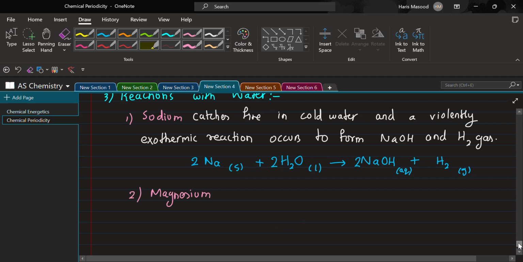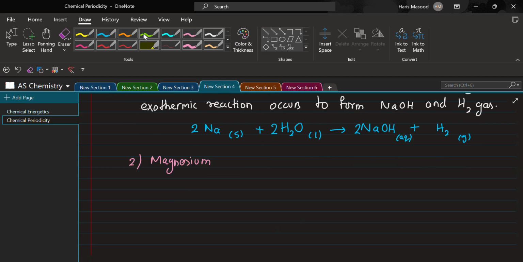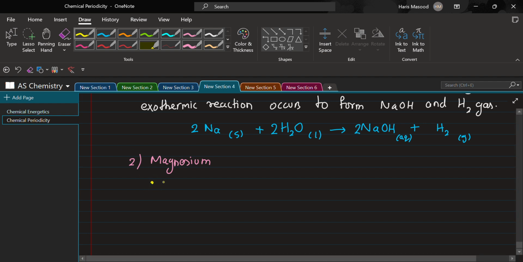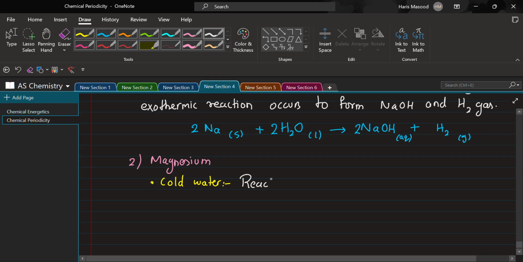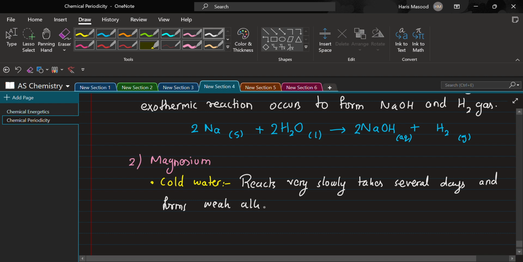So in which we have two scenarios. You have cold water, which reacts very slowly, takes several days, and forms a weak alkaline solution.